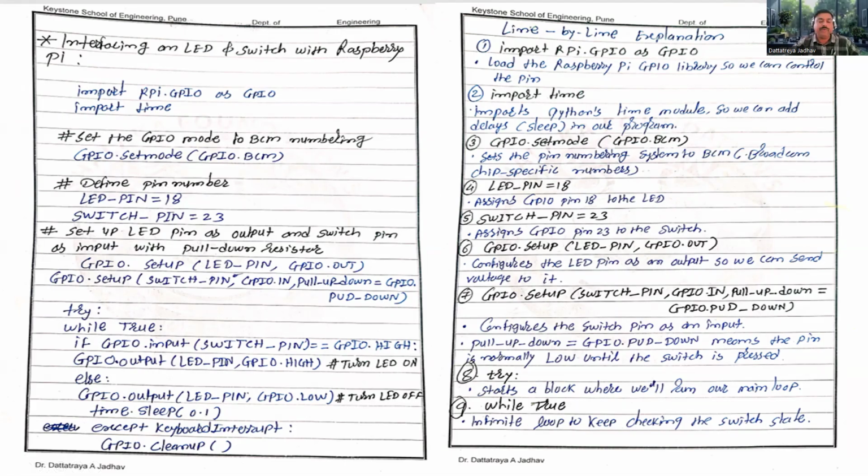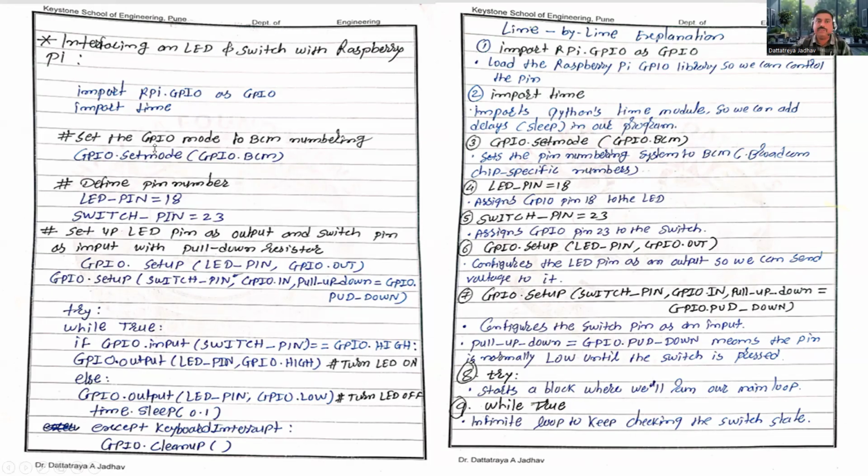First, we know that we need to import some libraries for the Raspberry Pi and for the synchronization of timing in Python. So we import RPi.GPIO. That is what we learned in the last lecture related to LED interfacing. Same, just we go with two components, LED and switch, with Raspberry Pi.